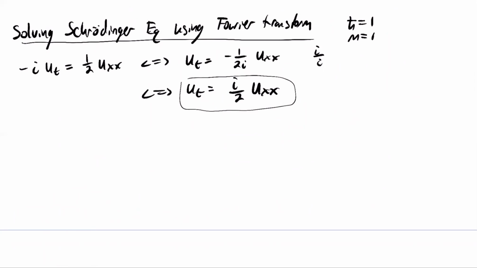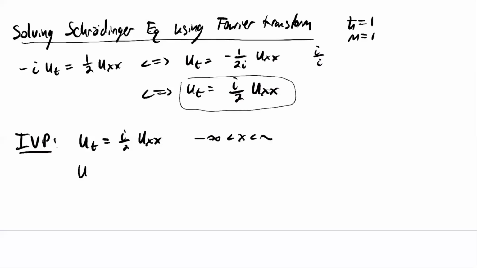And we're going to consider the initial value problem associated to this equation. So we want to look at u_t equals i over 2 u_xx, with x between minus infinity and infinity, t bigger than 0, and some initial state, say u(x,0) equals some function ψ(x).